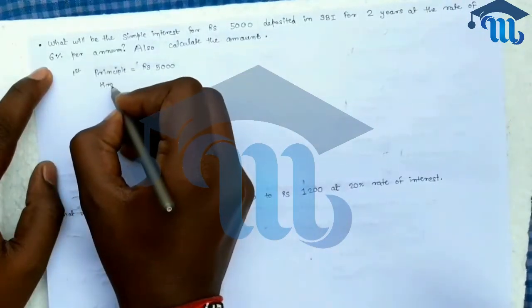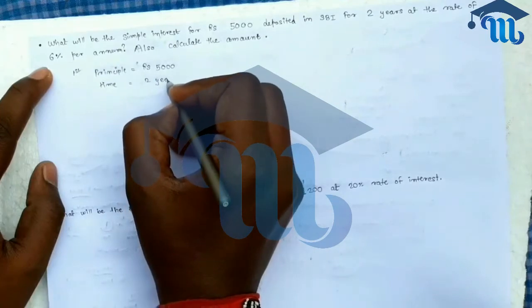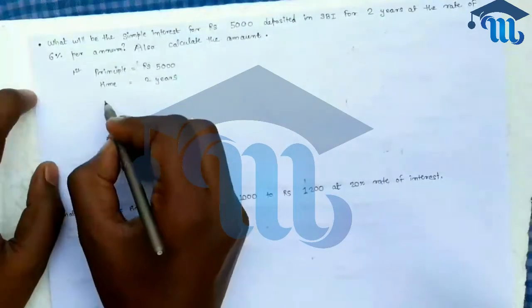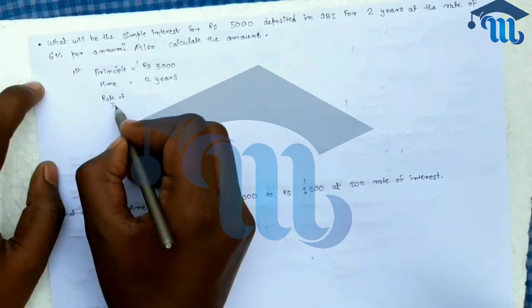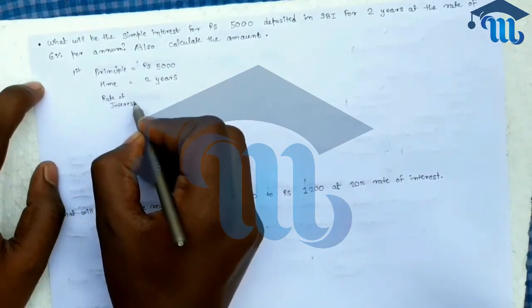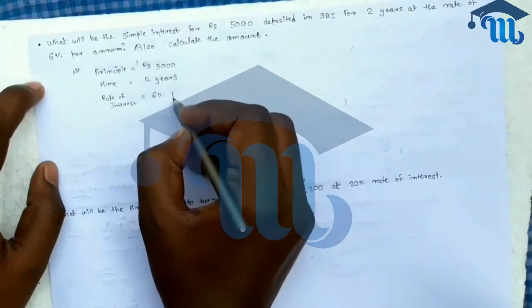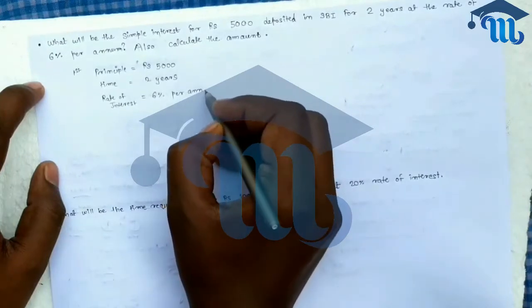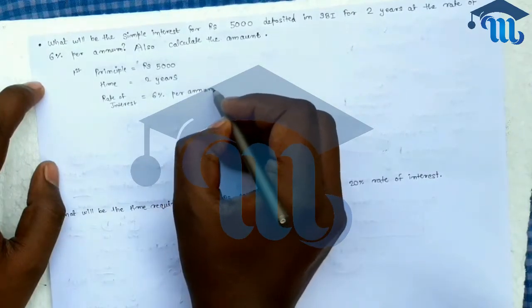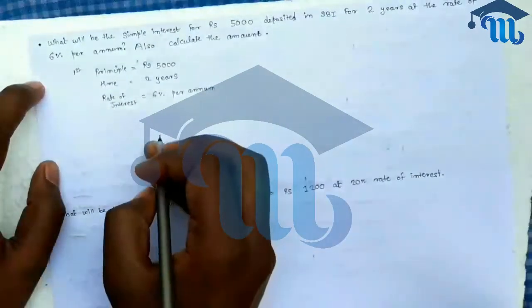Time, 2 years. Rate of interest, 6% per annum, which means 6% will be the interest given in 1 year.